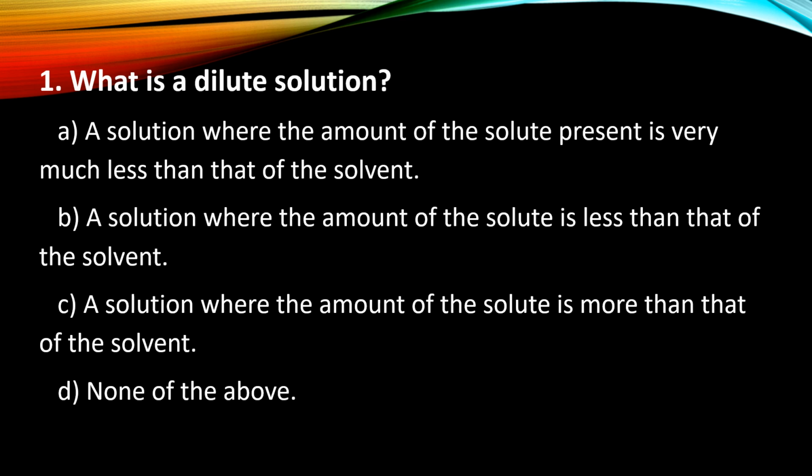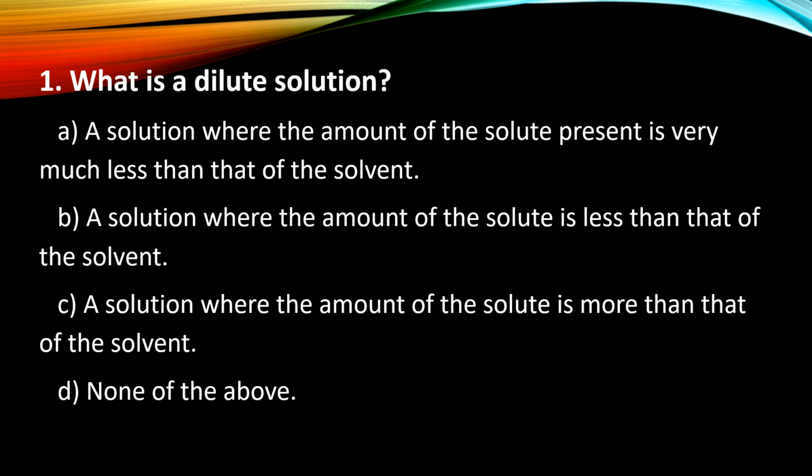Option B. A solution where the amount of the solute is less than that of the solvent. Option C. A solution where the amount of the solute is more than that of the solvent. And option D. None of the above.